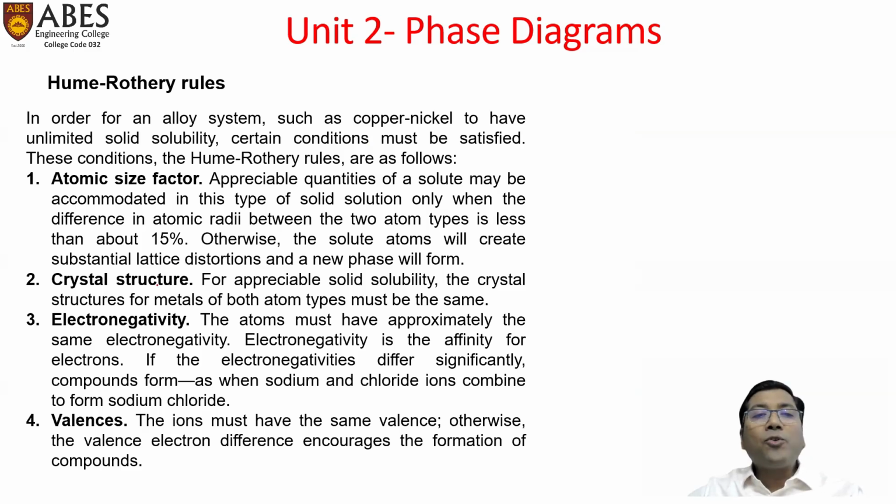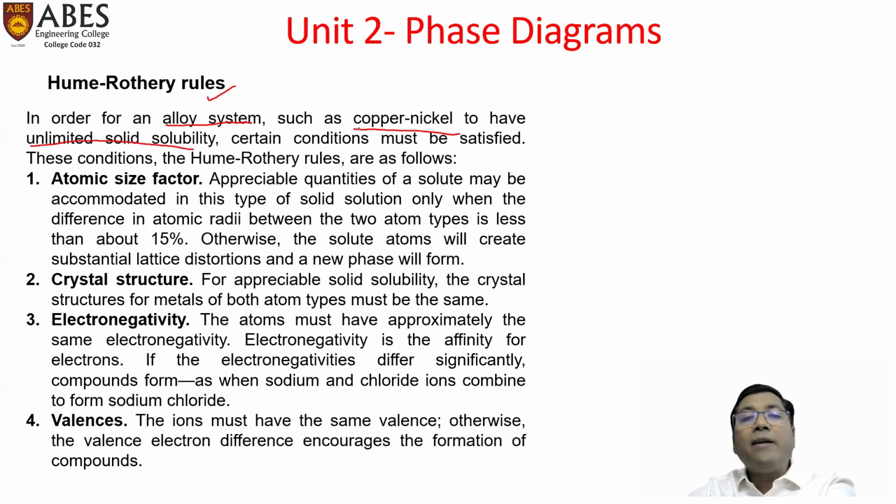Now coming on to the Hume-Rothery rule of complete solid solubility. This can also be defined as the Hume-Rothery rule of unlimited solid solubility. For an alloy system such as copper nickel to have unlimited solid solubility, certain conditions must be satisfied.